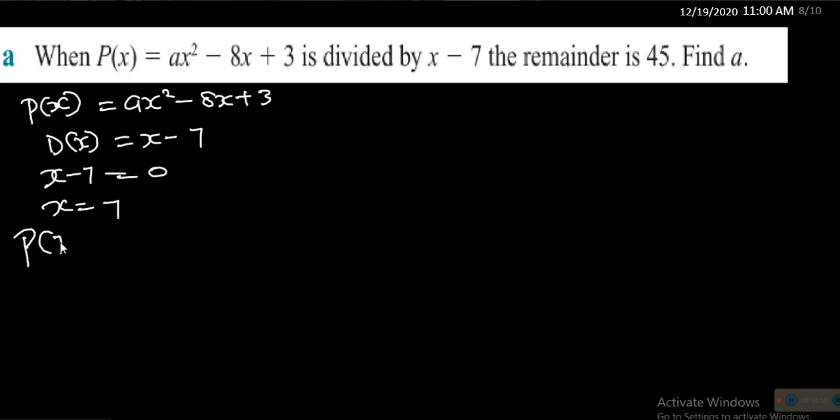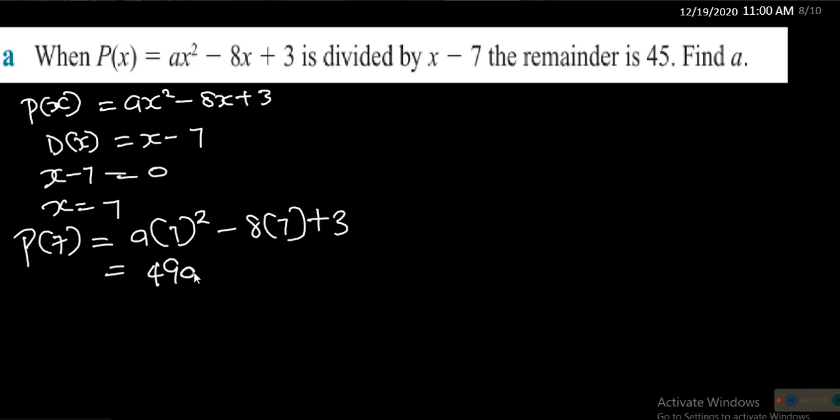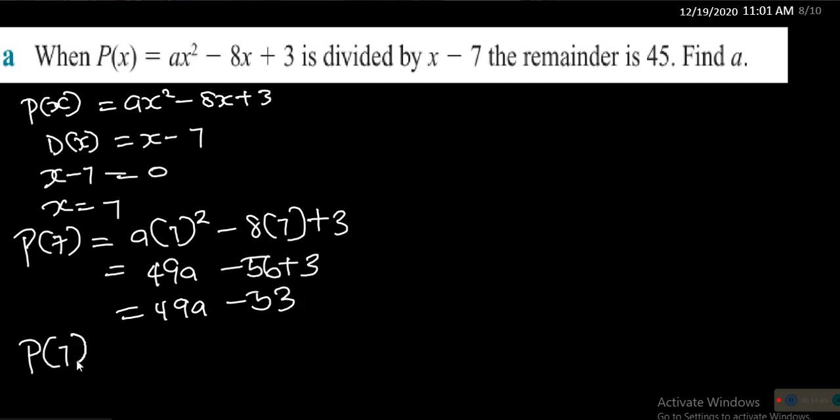So let's find p of 7. P of 7 will be a into 7 squared minus 8 times 7 plus 3, and that will give us 49a minus 8 times 7, which is 56, plus 3, and then that is 49a minus 53. Okay, and remember that p of 7 is also given as 45.